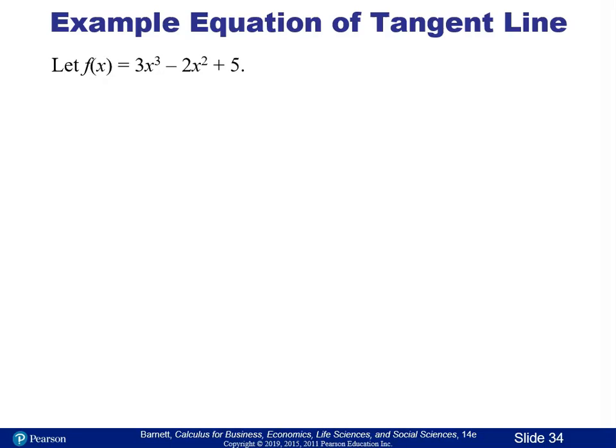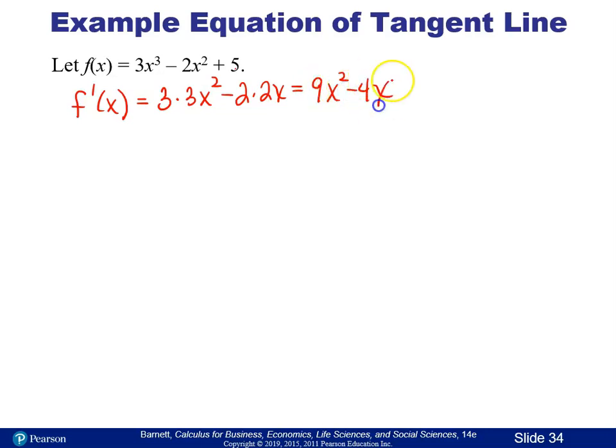Okay, looking at this one, we want to find the equation of a tangent line. We did this back in the previous section, but it's much easier now. So the derivative here is going to be 3 times 3x squared minus 2 times 2x, and the derivative of 5 would be 0. So that's going to be 9x squared minus 4x.